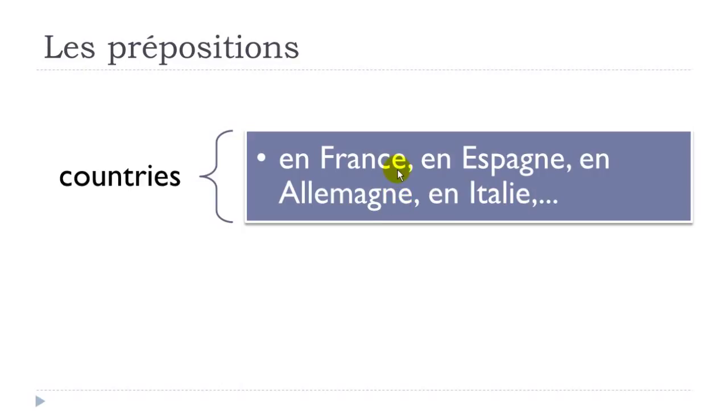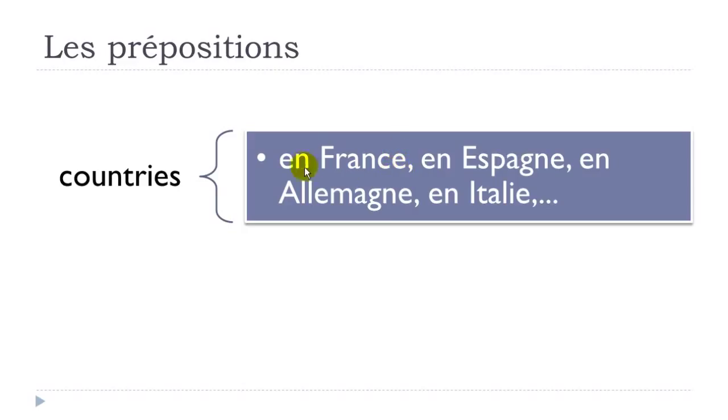We've got exceptions, of course, because the French language is quite tricky, like Mexique, for instance, it's masculine, but in many cases it will mean that it's feminine.